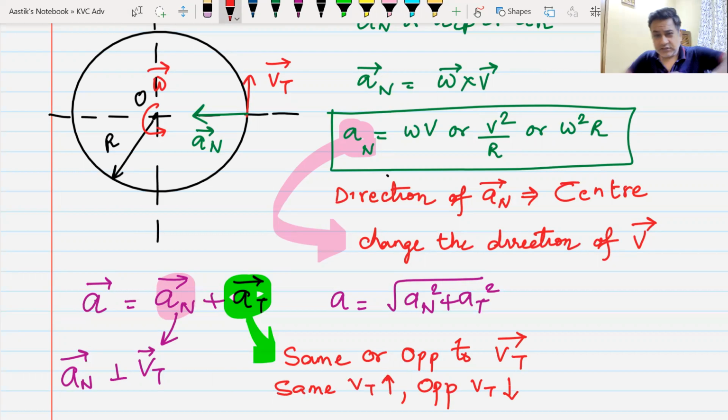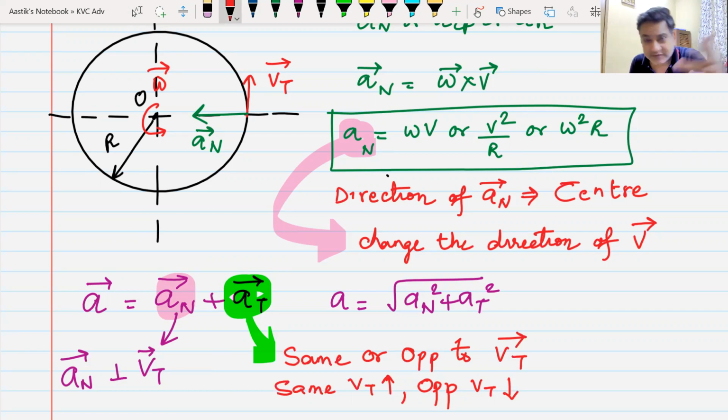This is the entire motion in 1D and 2D put together. If the body only has tangential acceleration, no centripetal, the motion would be a straight line. If it has no tangential, only centripetal, the motion will be UCM.